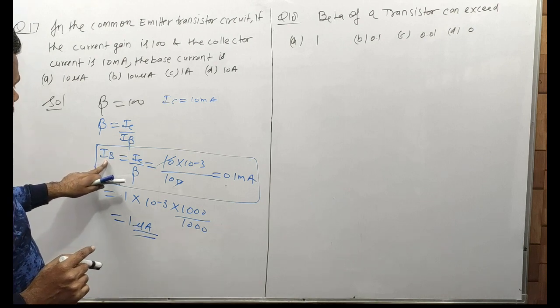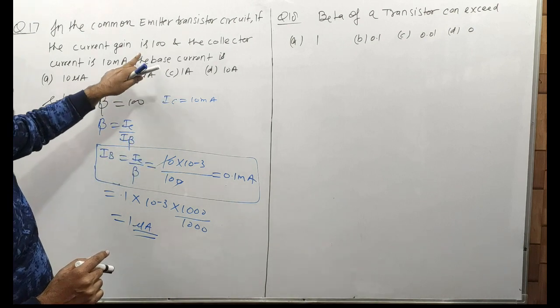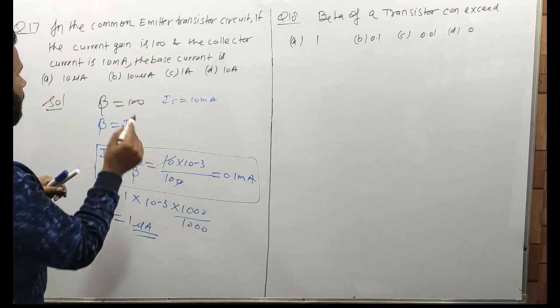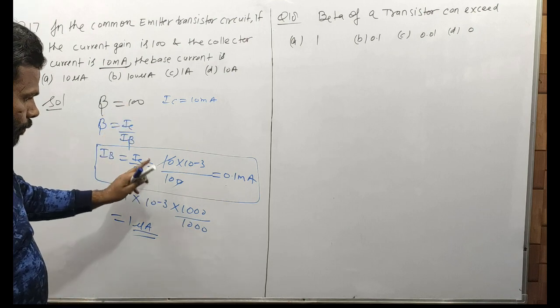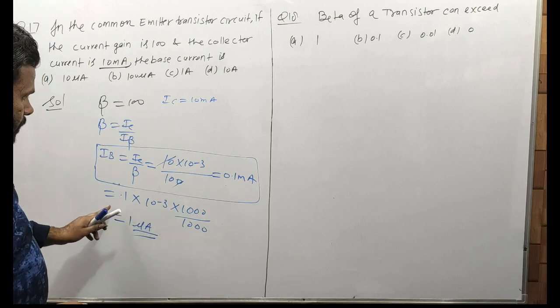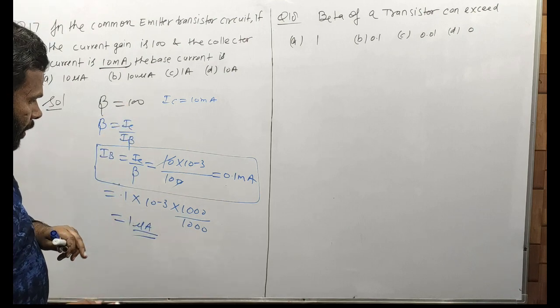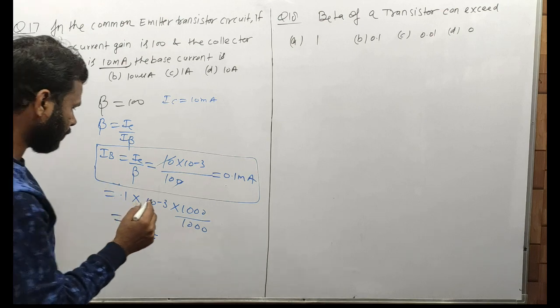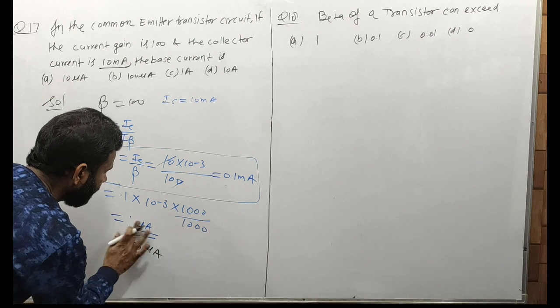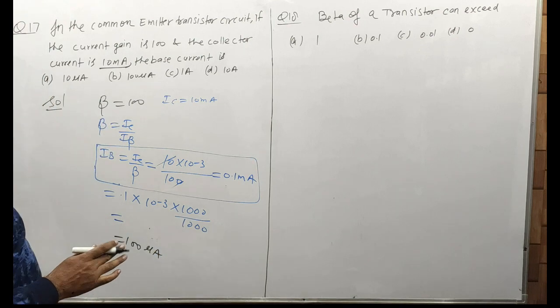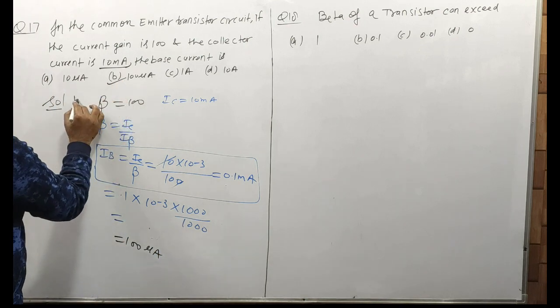IB is IC upon beta. IC is how much? It is 10 milliampere. Beta is 100. So 1 by 10, 1 by 10 means 0.1 milliampere. So multiplying by 1000, sorry, it is 100 microampere. So इस क्वेश्चन का जो आंसर होगा, बी करेक्ट होगा.